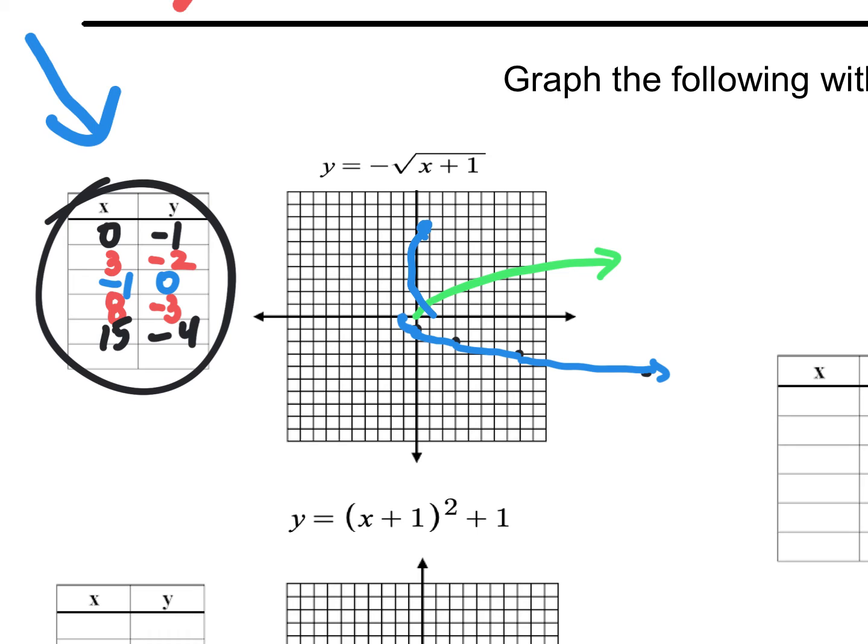Does it look like that? If you mess up one of your points, you have to be able to look back and say, okay, this is supposed to be a square root, which generally looks like this, except it's going to be moved to the left and vertically flipped. And that's what the blue one is. It's been moved to the left and it's been vertically flipped.